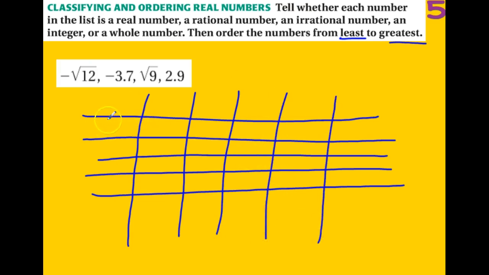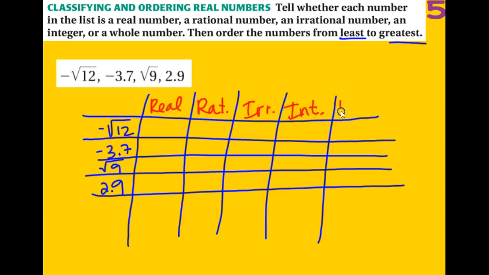I'm going to put my numbers across the side here. Negative square root of 12, negative 3.7, square root of 9, and 2.9. And then across the top, I'm going to write the types of numbers: real, rational, irrational, integer, and whole.